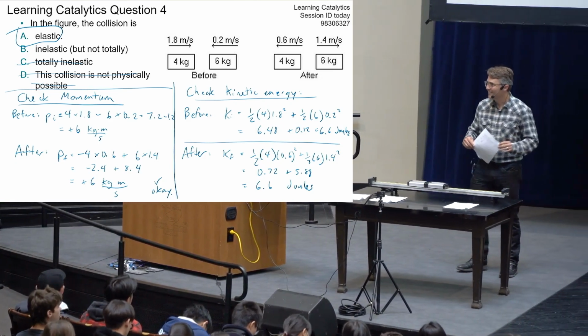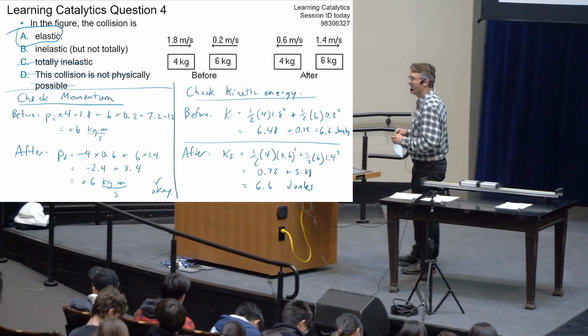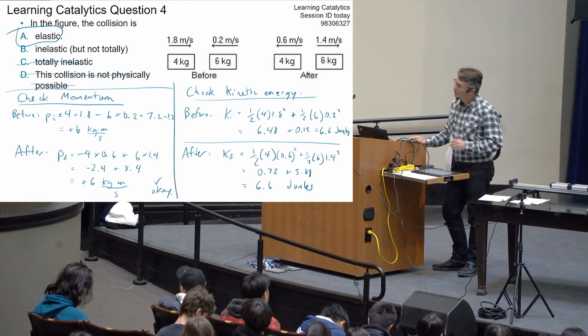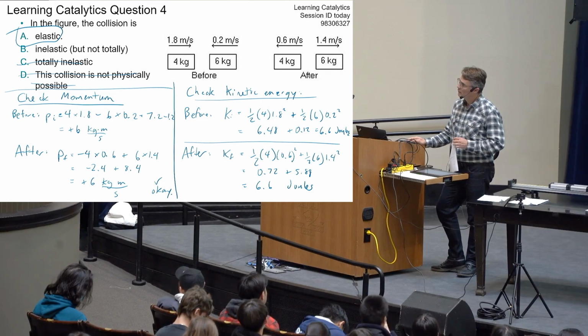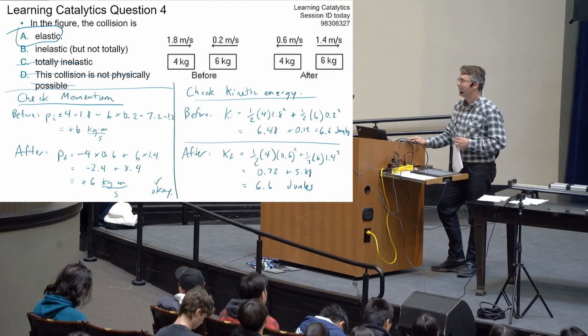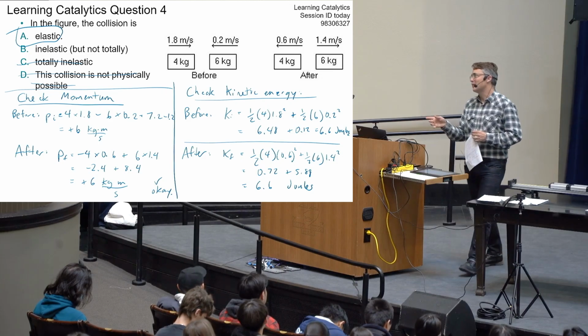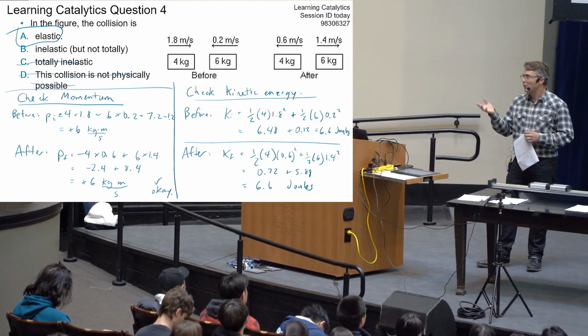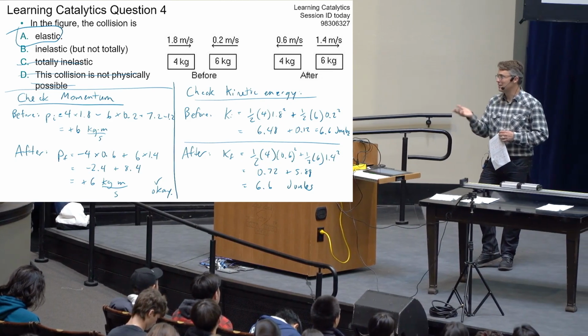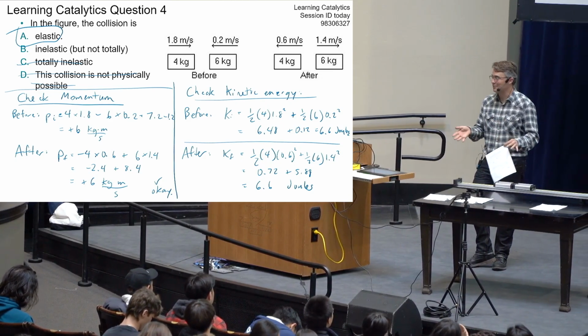All right, final question. When we are determining if a collision is elastic or inelastic, why were we comparing the momentum of the system before and after instead of their kinetic energies? Yeah, that's a great question. All you really have to do is compare the initial and final kinetic energies if you know whether it's like real data or something.